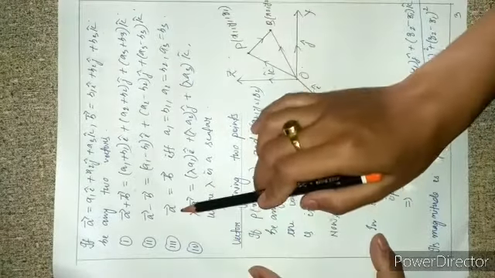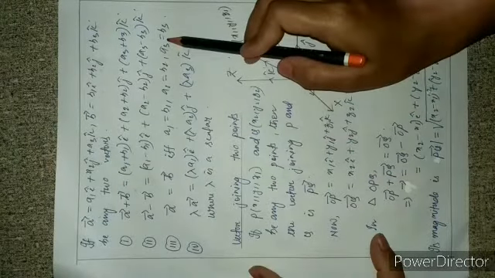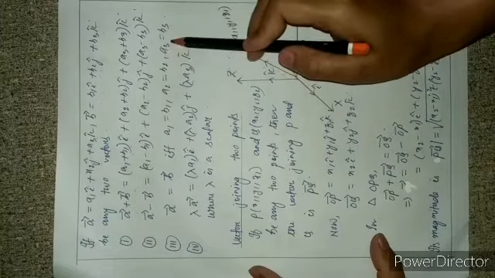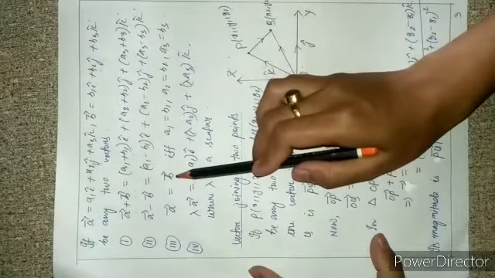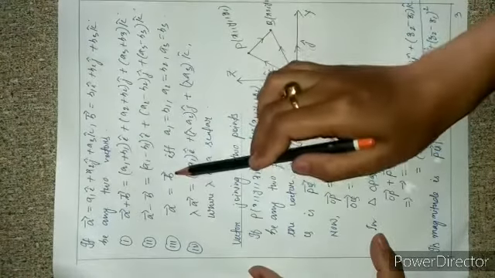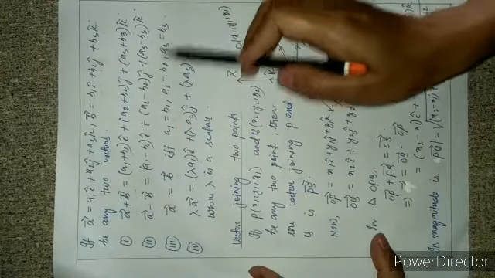Number 3, if A vector equals B vector, which implies that corresponding components are equal. For any two vectors A and B, if their corresponding components are equal, then the two vectors are equal. A vector equals B vector if and only if their corresponding components are equal.